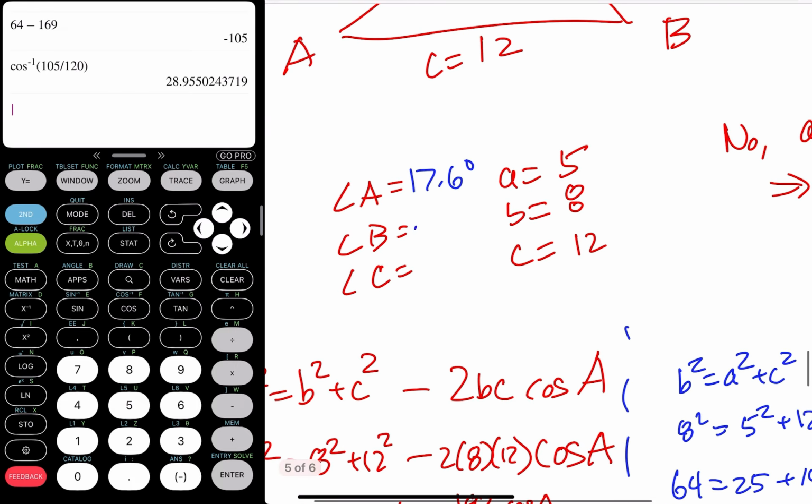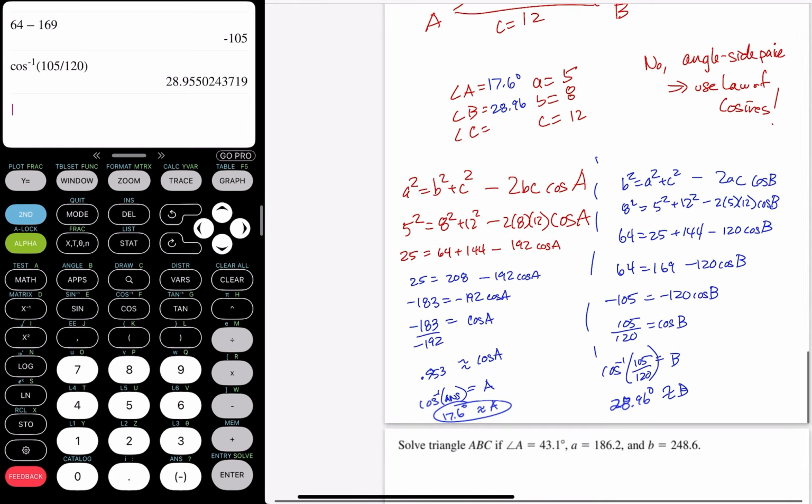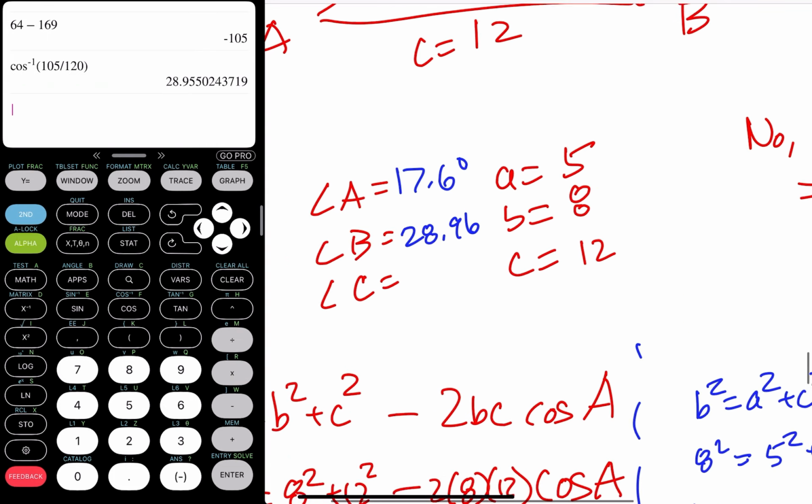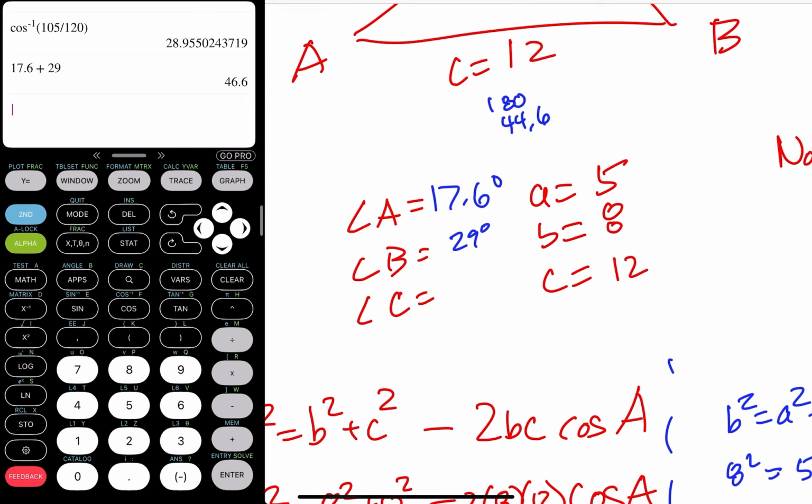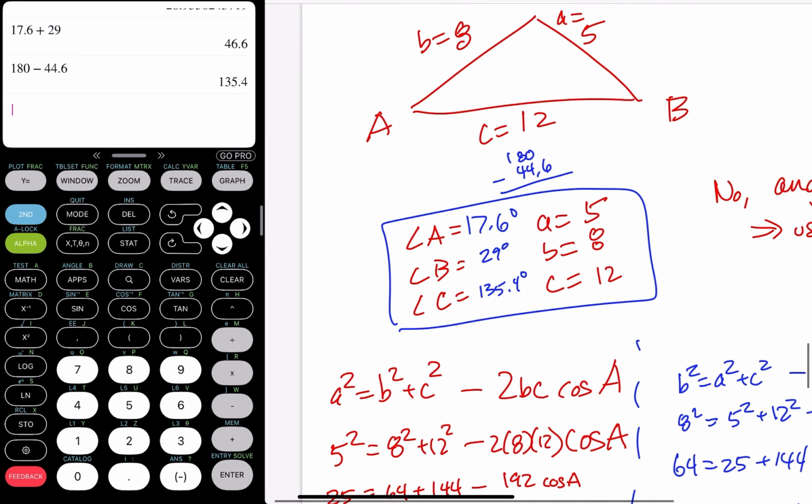If I rounded that all the way up, it would be 29 degrees. So 17.6 plus 29 is 44.6. So 180 minus 44.6 is 135.4 degrees. So that would be our triangle that we have solved for.